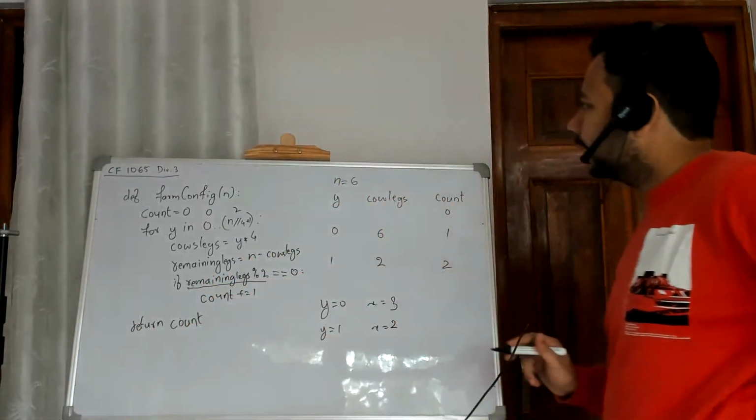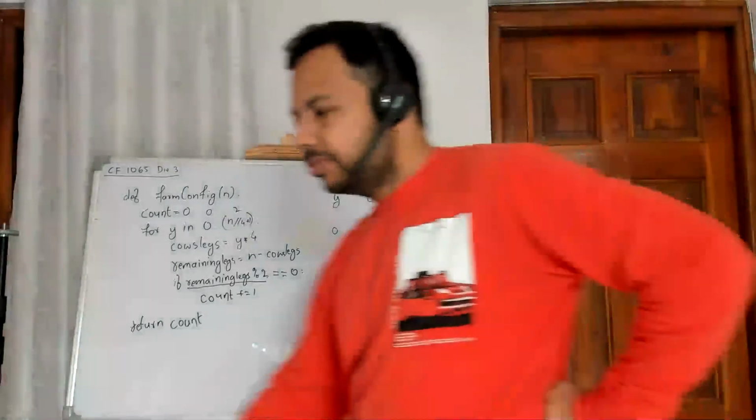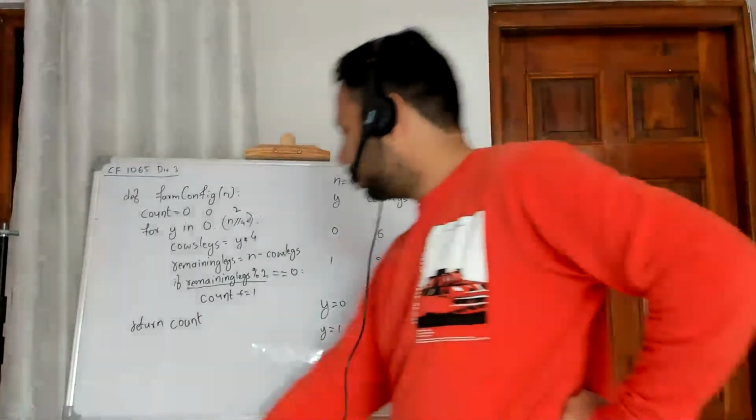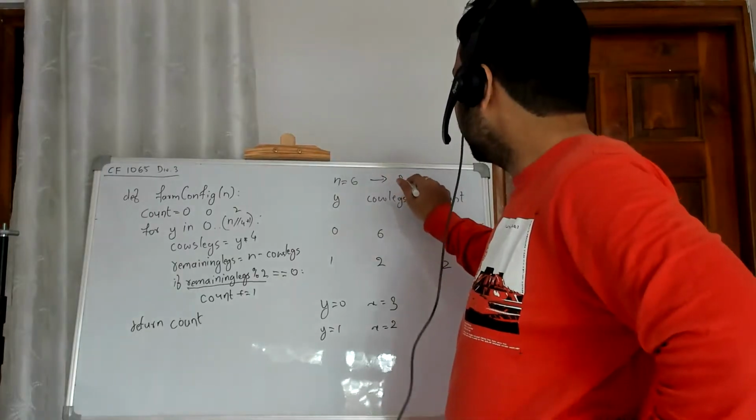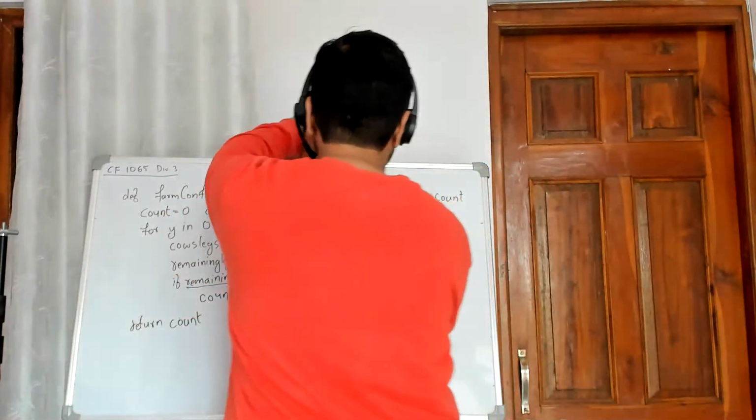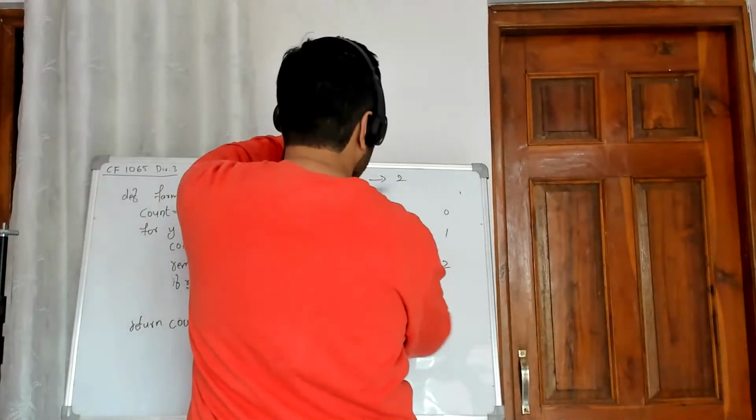Do you notice one thing? Let's do another example before I point something out. So just remember, for n is equal to 2, the answer is 2, and for n is equal to 6, the answer is 2. Okay, let's do one more example.